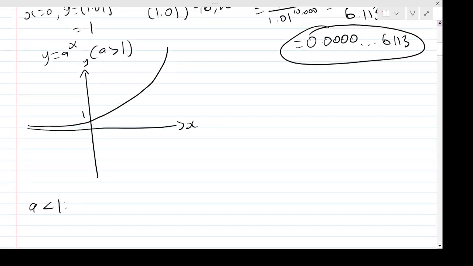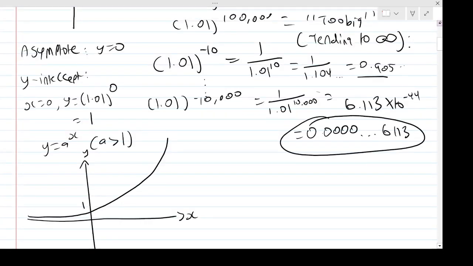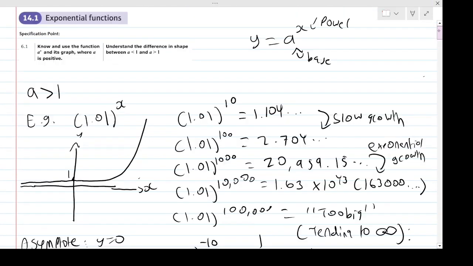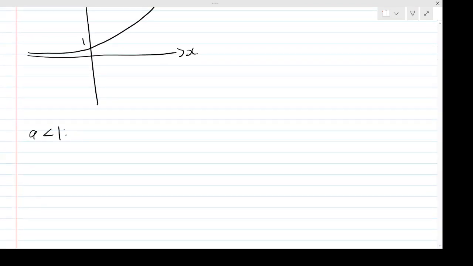Well, actually, it's the opposite way around. Let me do an example. If a was less than 1, let's take, for example, 0.99 to the power of x. y is equal to a to the x. Let's take a to be 0.99.